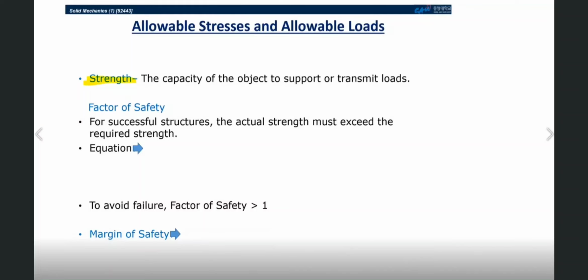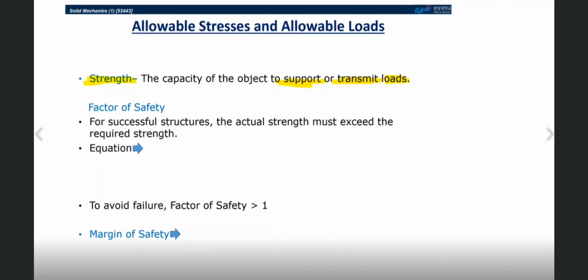So here, what is the strength? Strength is the capacity of the object to support or transmit the load. That is the definition of strength. Okay. And for successful structural design, the actual strength must exceed the required strength. So that is the concept of factor of safety.